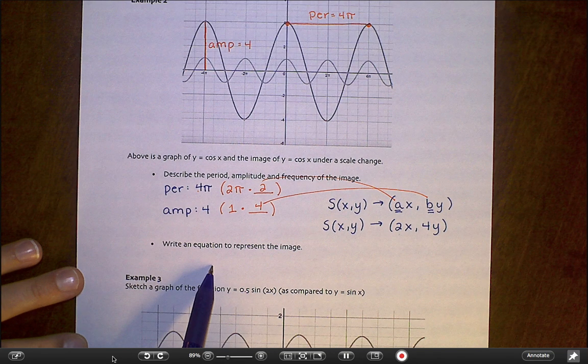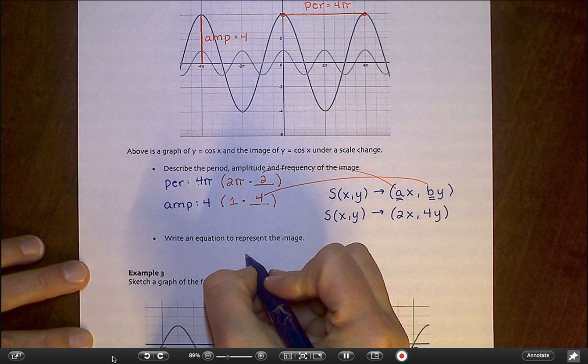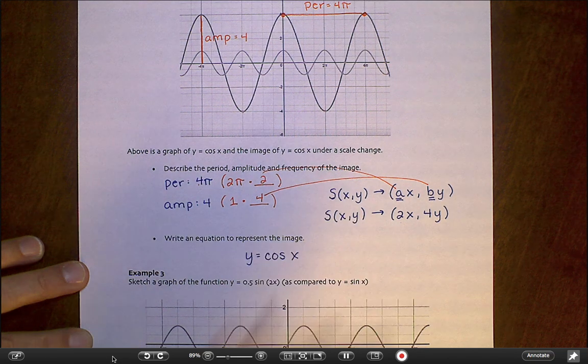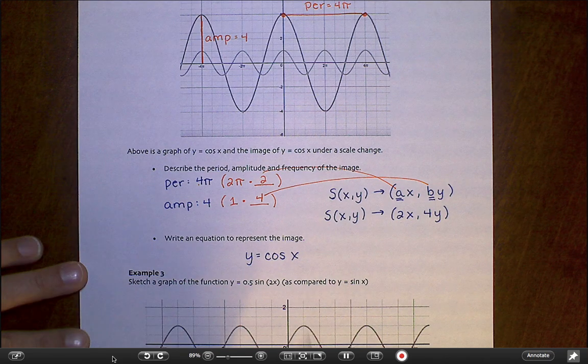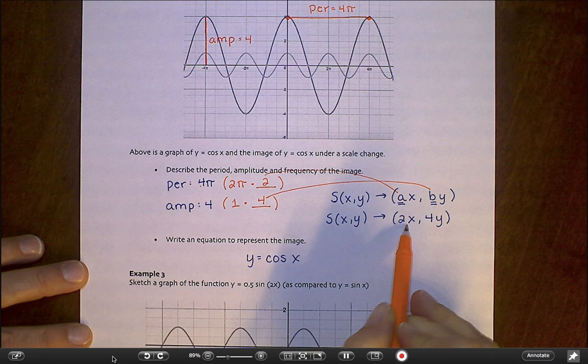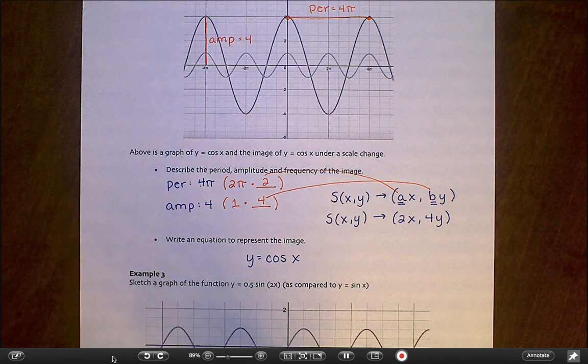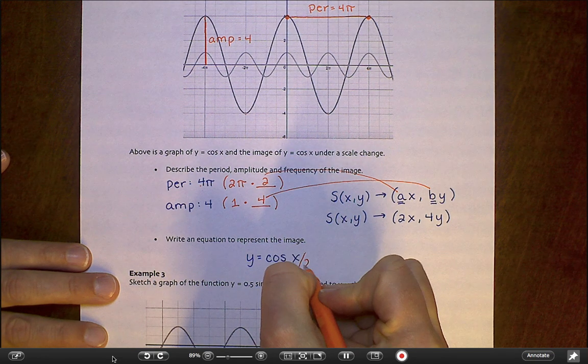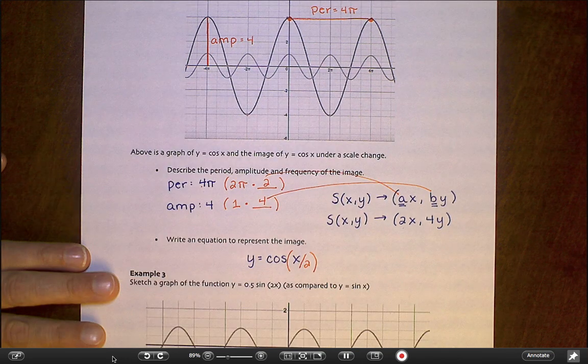So now let's write the equation for the image. Let me start with my parent function. y equals cosine x. Well, I should have spread that out a little more. That's okay. Remember, when I go to put my rule into my equation, everything goes in reverse. So really this would go in and become an x divided by 2 here.